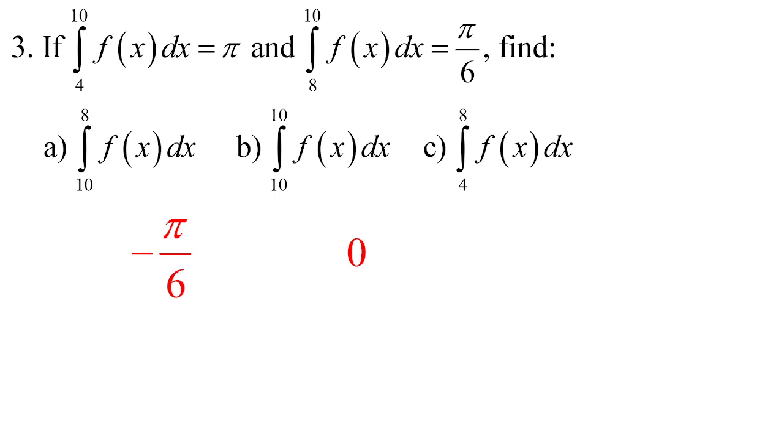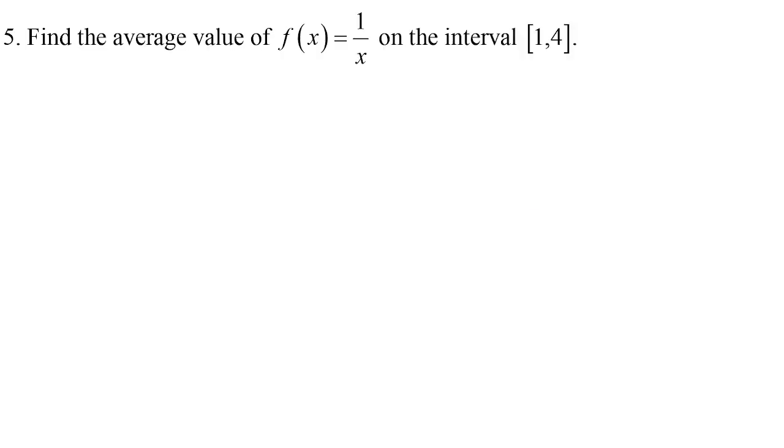So let's think about this then. If 4 to 10 is pi, and 8 to 10 is pi over 6, wouldn't 4 to 8 be pi minus that pi over 6? Which would be 6 pi over 6 minus pi over 6. That's a 5 pi over 6. All right? Do you understand what definite integrals really mean? Pretty simple stuff there.